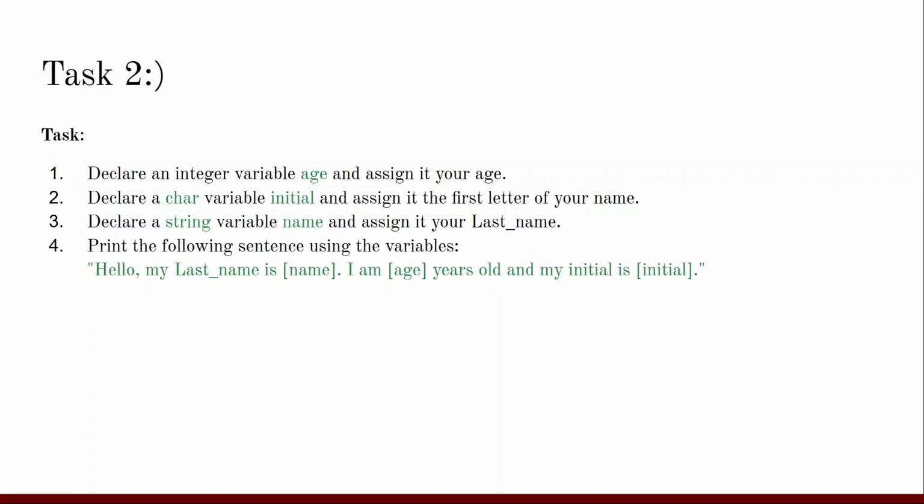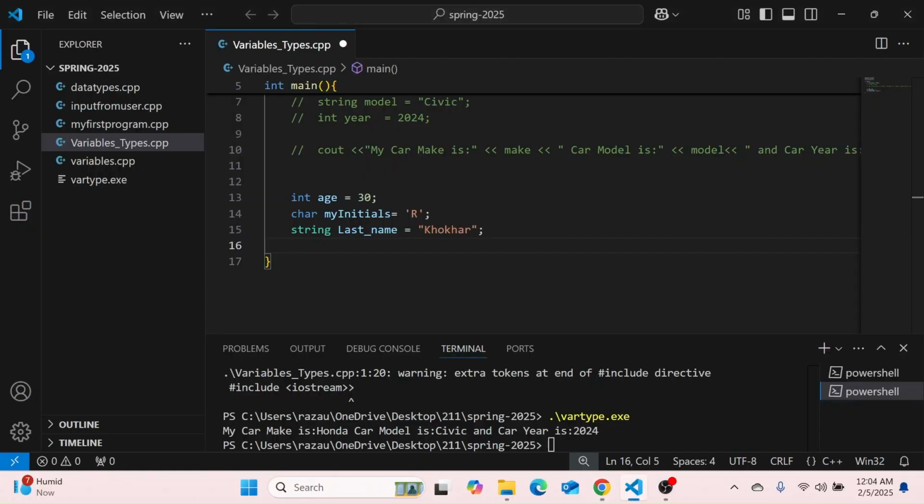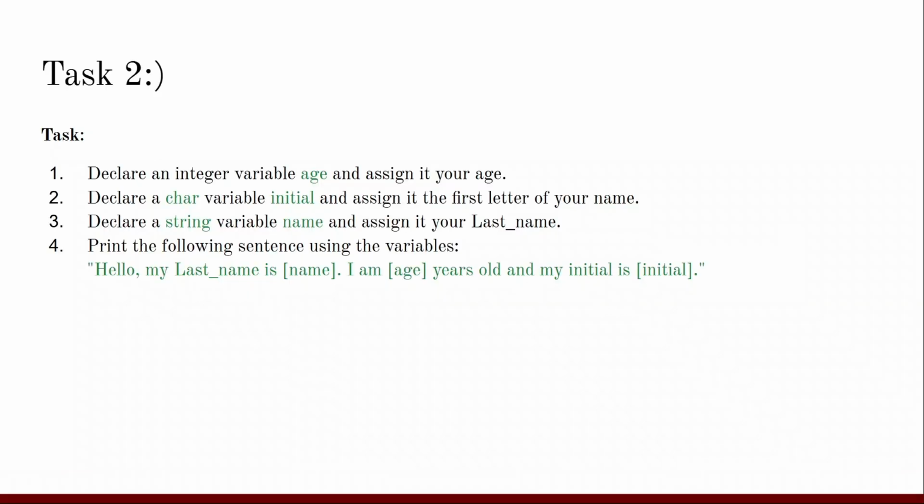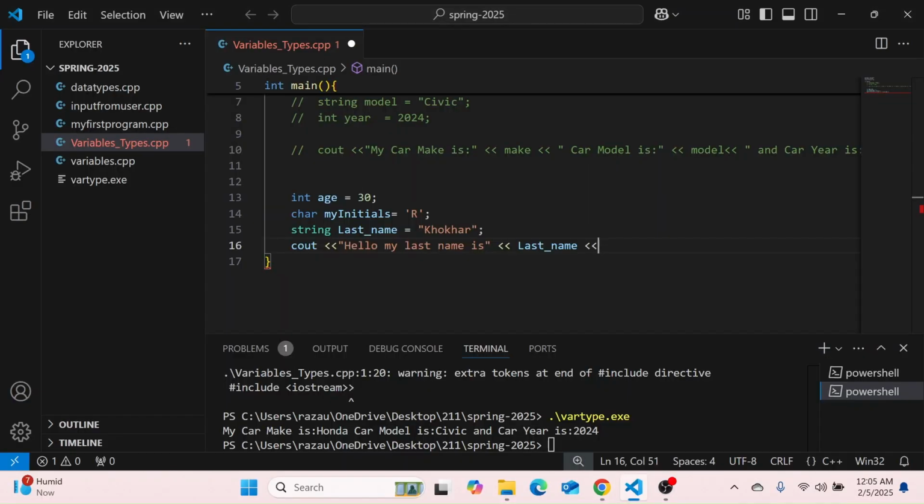Then print the following: hello, my last name is. cout, and hello, my last name is, and then I need to concat last name, and then I need to concat the dot.